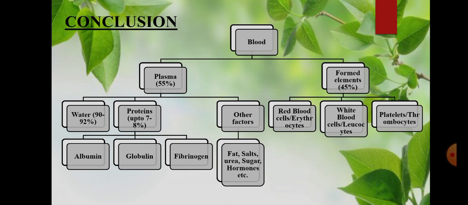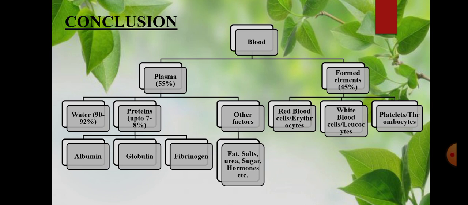Now coming on to the formed elements, there are three types: RBC, WBC, and platelets. WBC again divided into two types: granulocytes and agranulocytes. Which are the three granulocytes? Neutrophil, eosinophil, basophil.